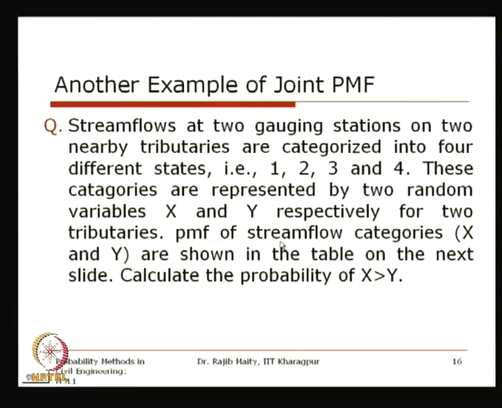Before I go to the next slide, the PMF of the stream flow categories X and Y is shown in the table there. We have 4 categories: 1, 2, 3, 4. PMF means how much probability mass is concentrated at each possible outcome.